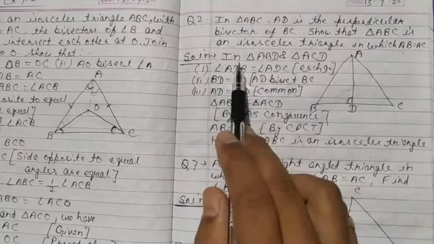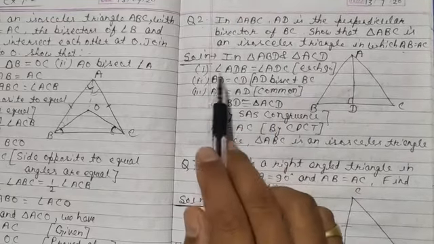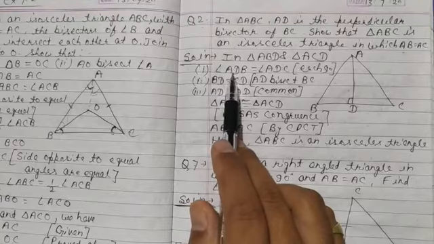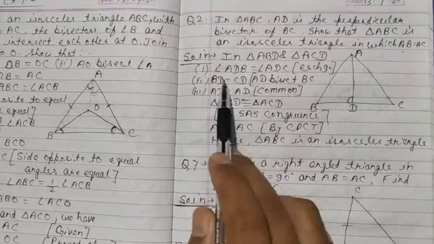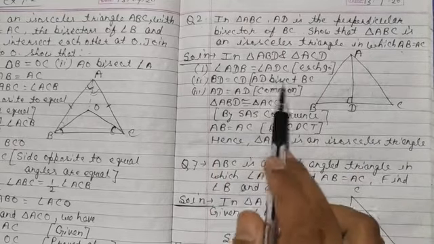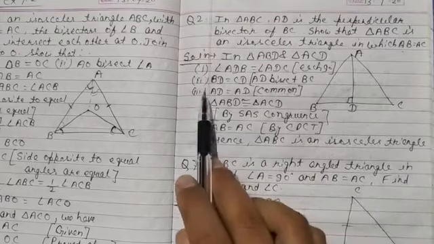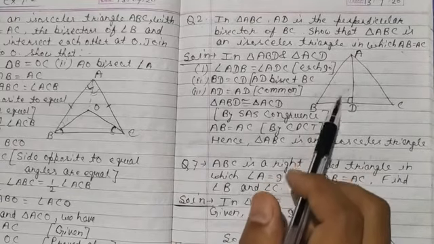So we write in triangle ABD and triangle ACD: first, angle ADB is equal to angle ADC, each 90 degrees. Second, BD is equal to CD, because AD bisects BC. Third, AD is equal to AD, a common side.